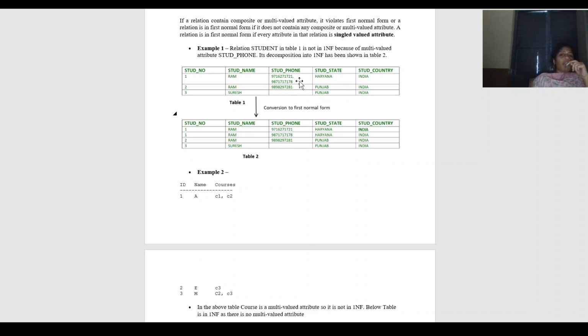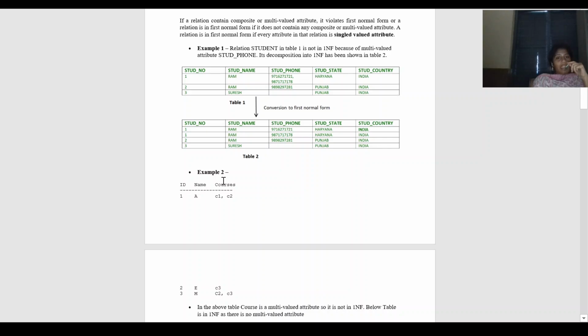First normal form does not allow multi-valued attributes, so we have to split the two phone number values into separate rows. See here, this is the first number and Ram, this is the first phone number, and this is the second phone number. It should be stored in the second row.